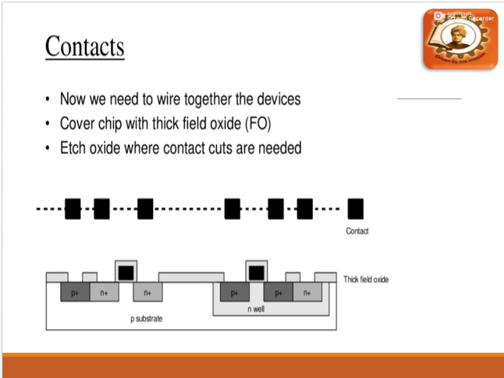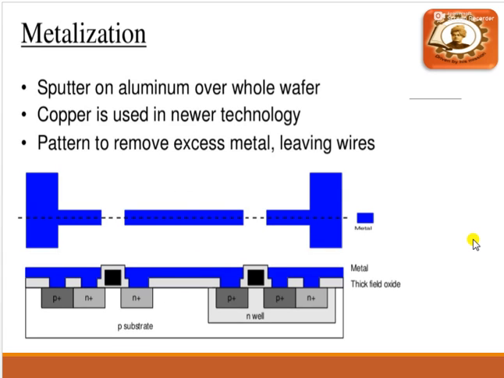So the metal contact is formed, and metallization is basically done by a method called sputtering. By using this sputtering method we can make the metal contact for source and drain, and the P plus region for our P substrate represents our substrate.